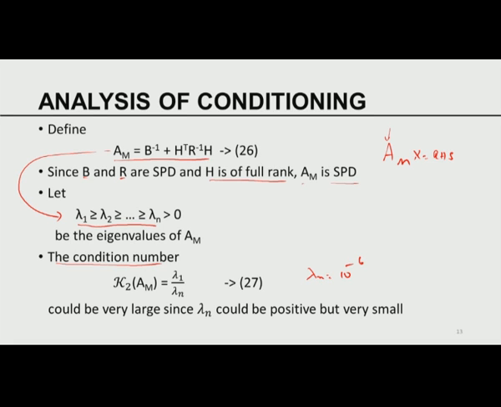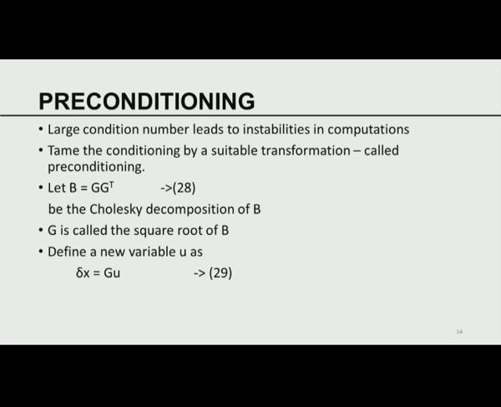It is still positive but it comes to the denominator, so the condition number will be very large. So the condition number for SPD matrices becomes very large because the smallest eigenvalue, while remaining positive, may become very small. In those cases I will have a headache computationally. So a large condition number leads to instabilities in computation.